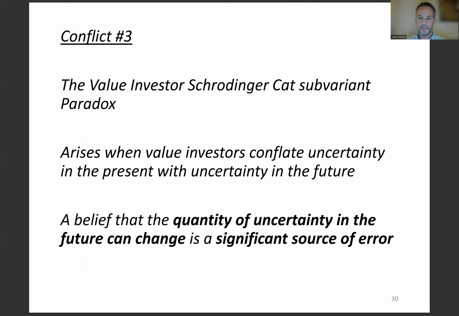And I believe that this is a common source of error because what you hear is that people think the amount of uncertainty in the future can change, and therefore they try to adjust their expectations or valuations or their exposure to the market on this perceived change in uncertainty.